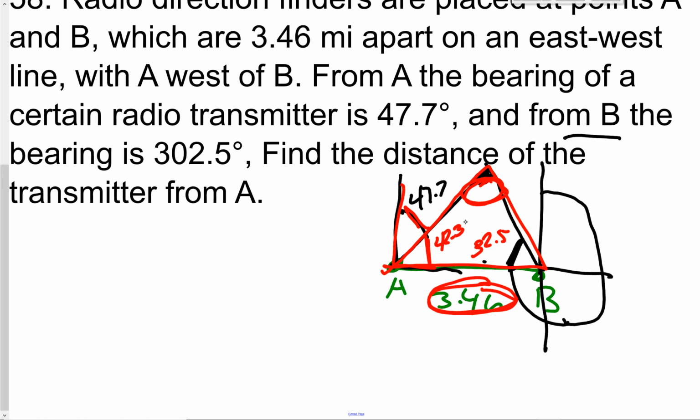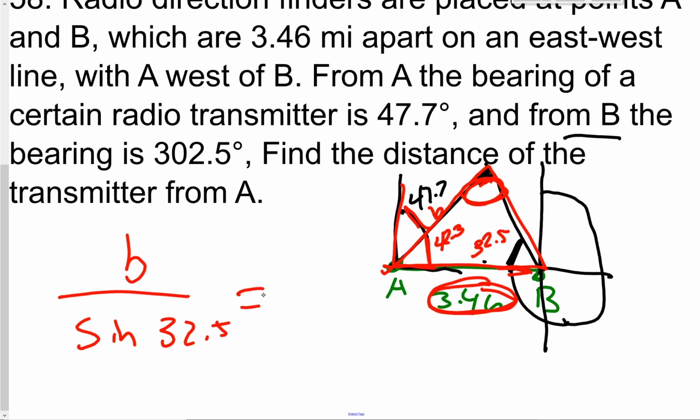I'm trying to find the distance from A, so this right here, which would be little b if I have angle B here. I know angle B is 32.5, because 302.5 minus 270 is 32.5.